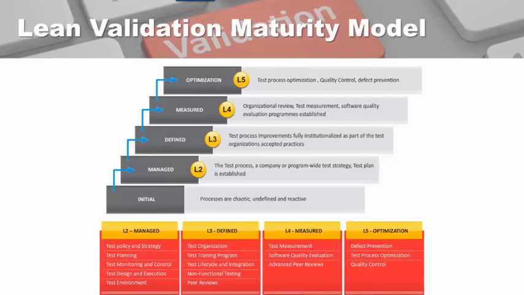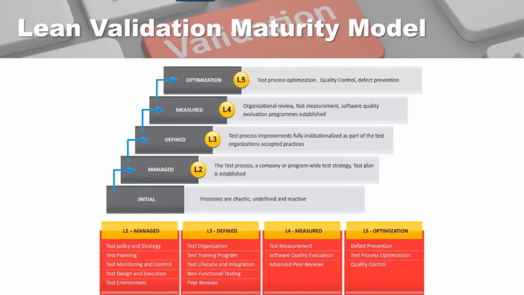All companies are seeking level 5, and at level 5 is the point at which we achieve lean validation strategies. We've automated our processes, we've optimized them, we're at maximum level of quality assurance and defect protection of our software when we get to level 5 maturity.